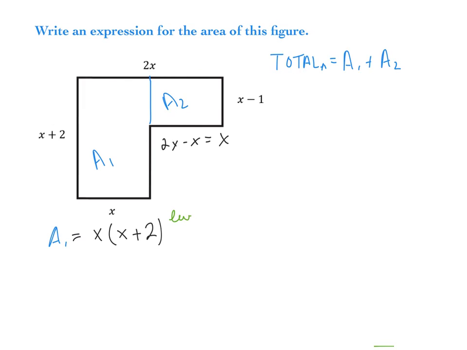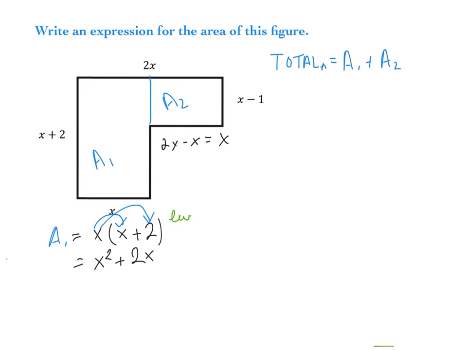So my one length is x, and then width is x plus 2. So now I can use the distributive property. X times x gives me x squared. I did x times x, and then x times 2, and that gives me 2x.